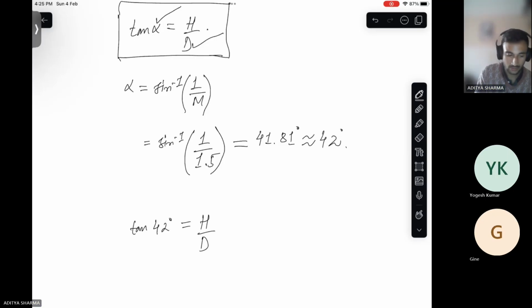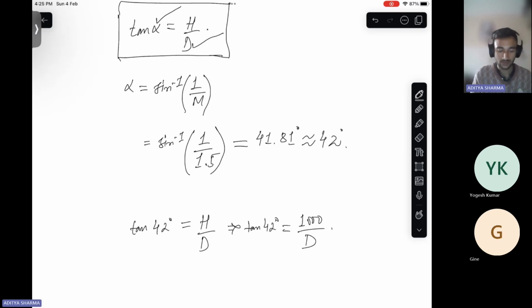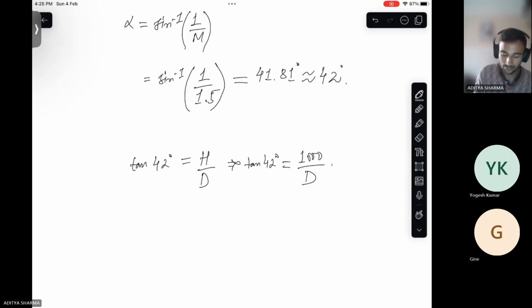This implies tan of 42 degrees equals 1000 divided by d. This implies d comes out to be 1000 divided by tan of 42 degrees.